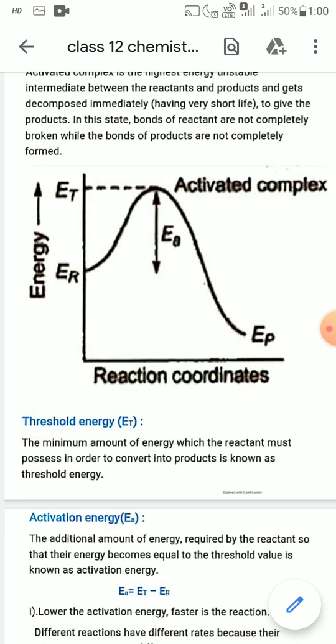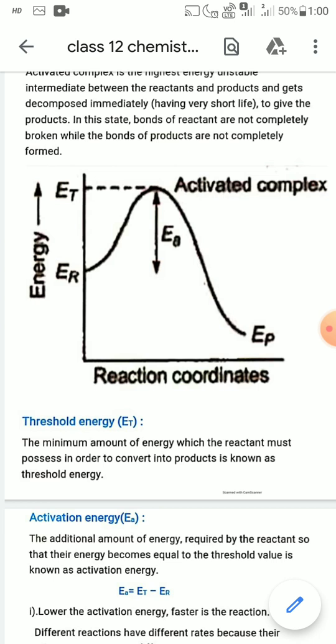That is, there is an energy barrier for conversion of reactant to product. To convert reactant to product, first you have to increase the energy of the reactant up to the threshold energy, and then after decomposing the activated complex, the product will be formed.